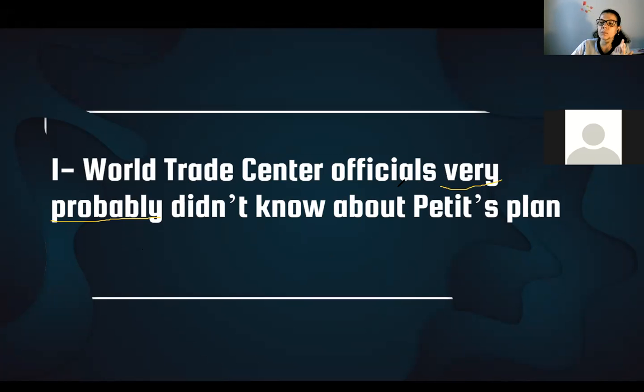No, very probably. Must. Must, okay, let's try must. What do you think? How do you say this sentence using must? Remember, I will use must, have, and this word in the past participle.